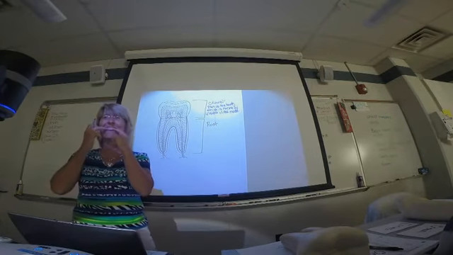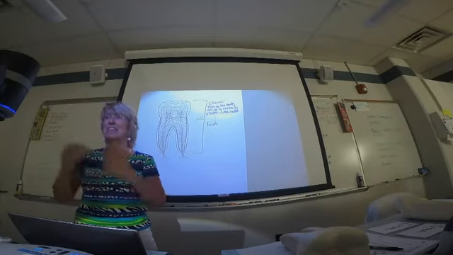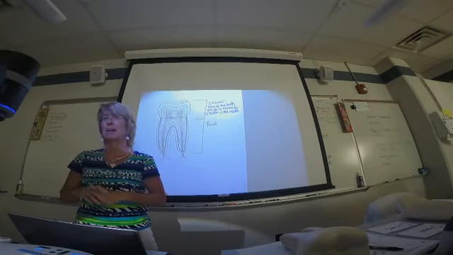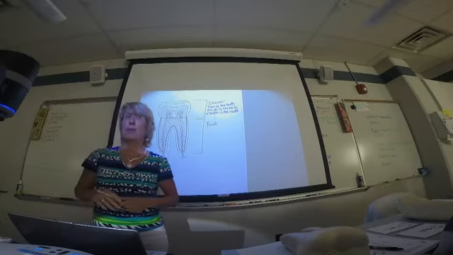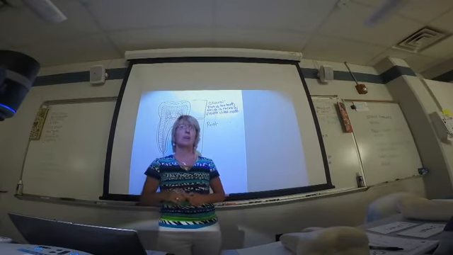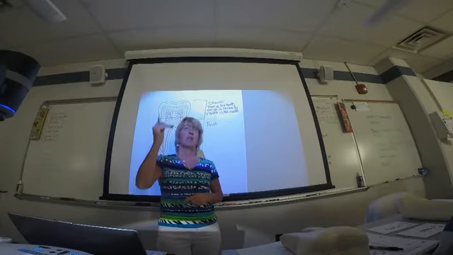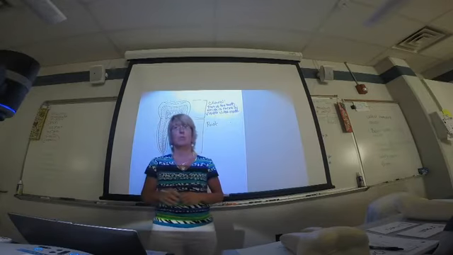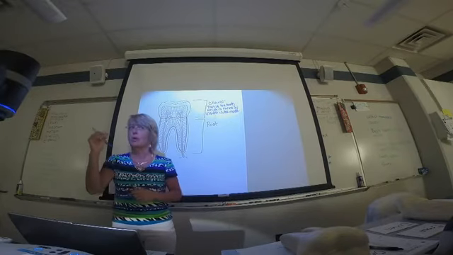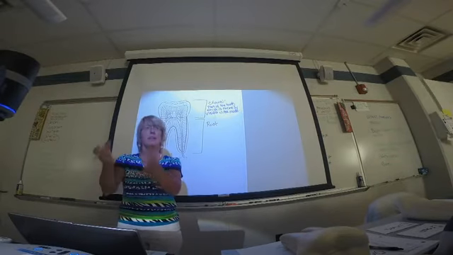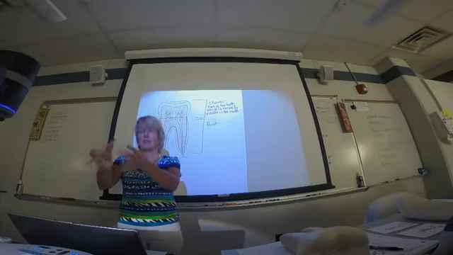They smile and you see some crown and some root because their bone has pulled away and their gums have pulled away. You probably will see it after today. If they have had any kind of periodontal disease and their bone has resorbed, you will see part of the root too. That doesn't make the root part of the crown. It's just saying normally the part you see that's healthy in the mouth is the crown.